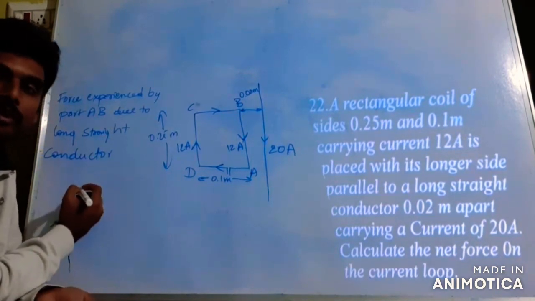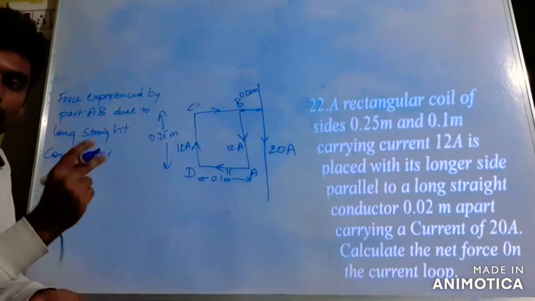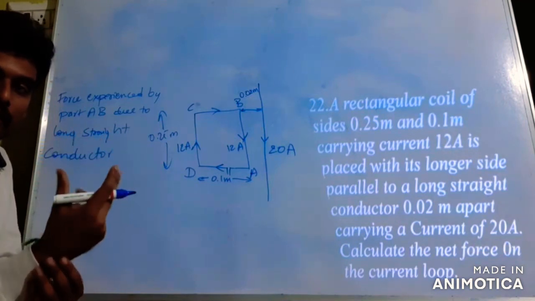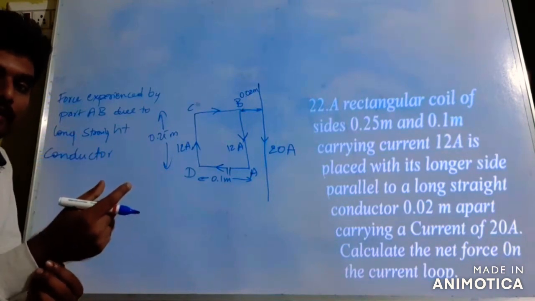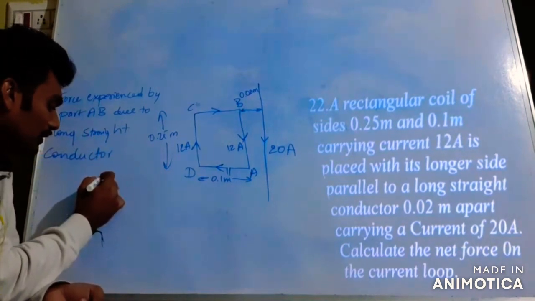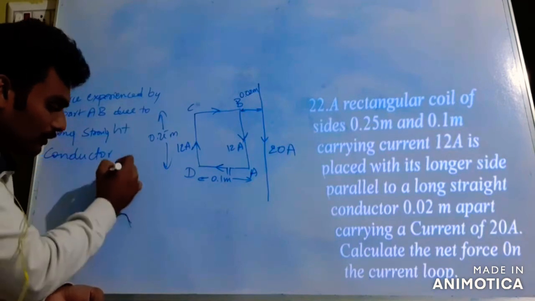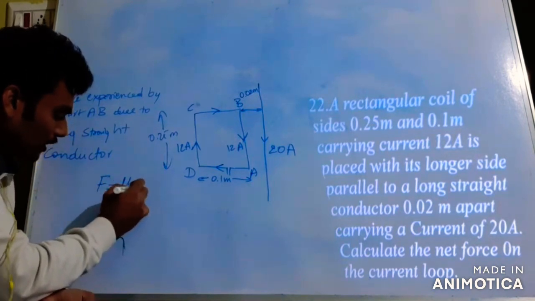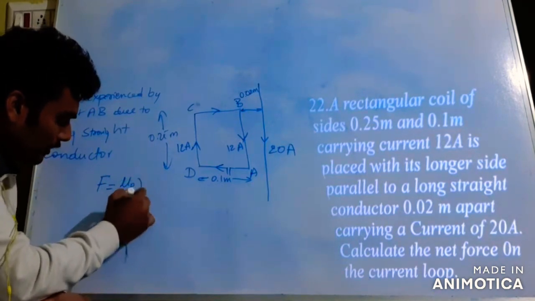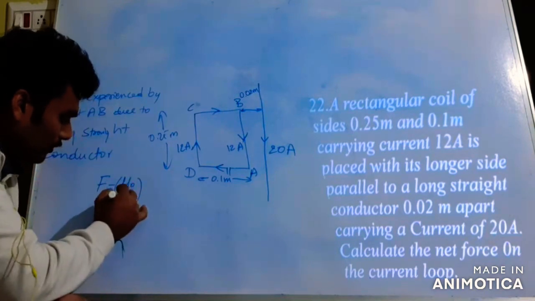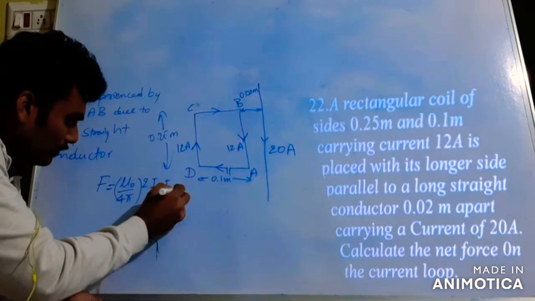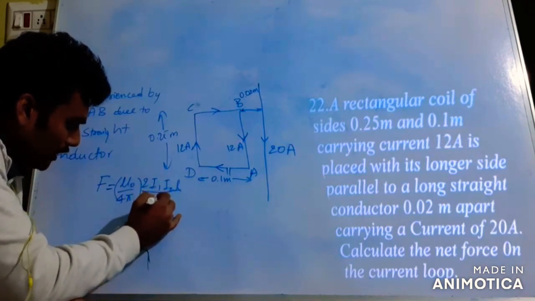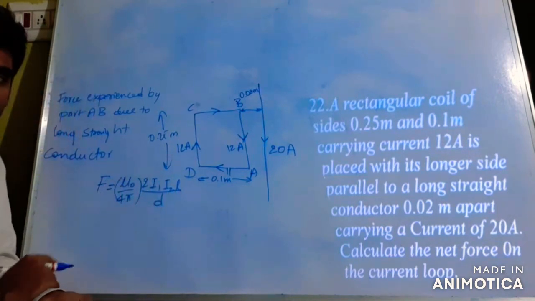So the force between two parallel or anti-parallel conductors. Okay, the formula for force between two current carrying conductors is given by F equals mu naught by 4 pi, 2 I1 I2 L by D, right?